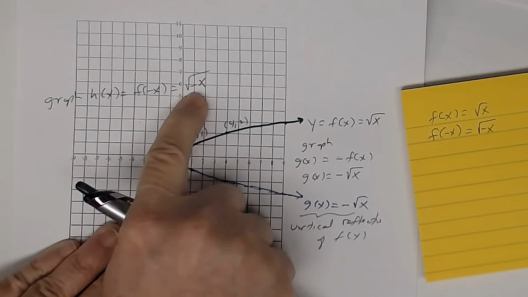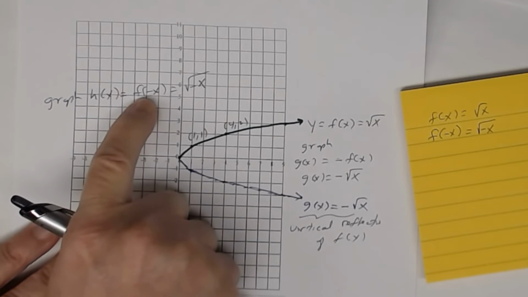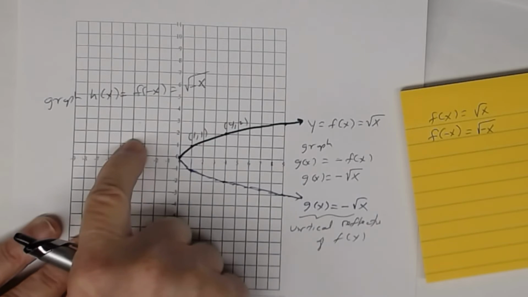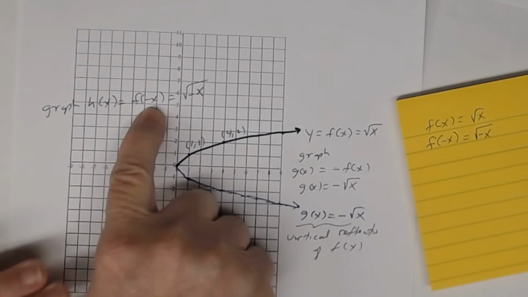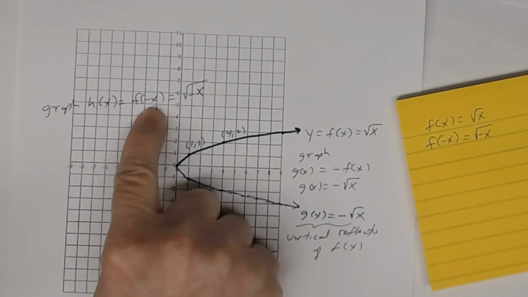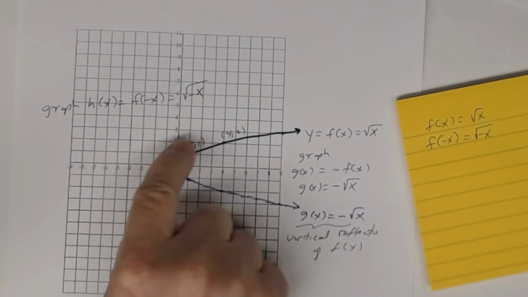So basically your y coordinates will stay the same. It's your x coordinates that will be opposite. All right. So f of negative x is a horizontal reflection about the y-axis.